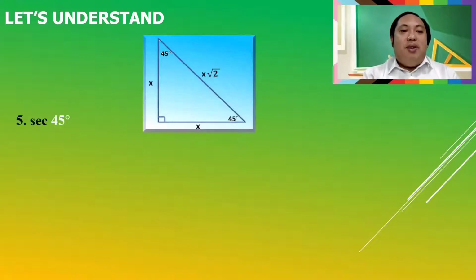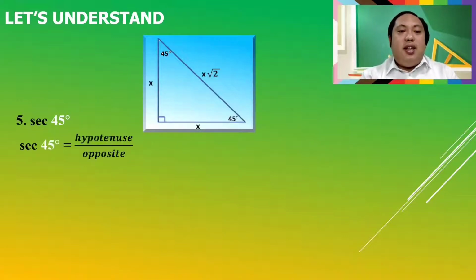Then number 5, we have secant 45 degrees. Secant 45 degrees is equal to hypotenuse over opposite side. So we have x square root of 2 as the hypotenuse over x as the opposite side of 45 degrees. We simplify, we have square root of 2. Hence, we have secant 45 degrees equals square root of 2.